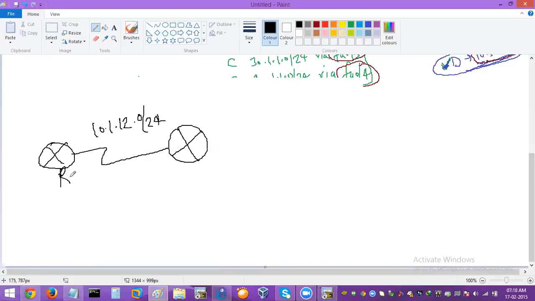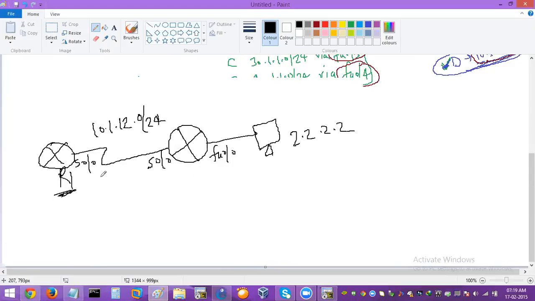This is my router number 1, and we have a loopback here, 2.2.2.2, which is actually connected to some Ethernet segment. This is my 2.2.2.2, which is connected on the FastEthernet 0/0 interface, and this is my serial 0/0 interface.